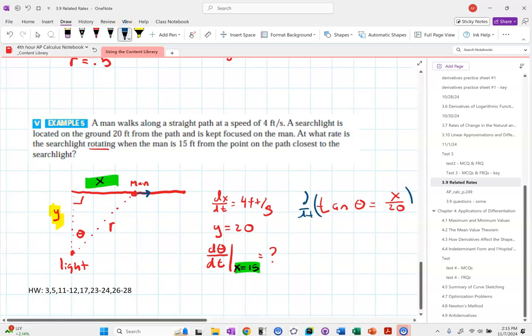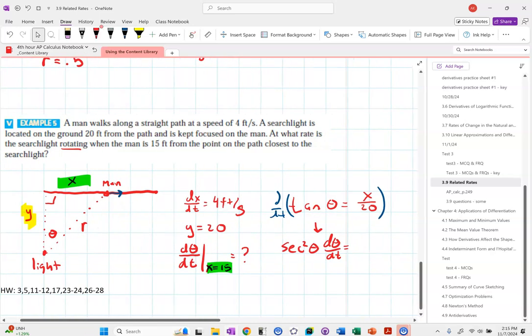Do the derivative of both sides. What's the derivative of tangent? Secant squared, d theta dt. Right? What's the derivative of x over 20?